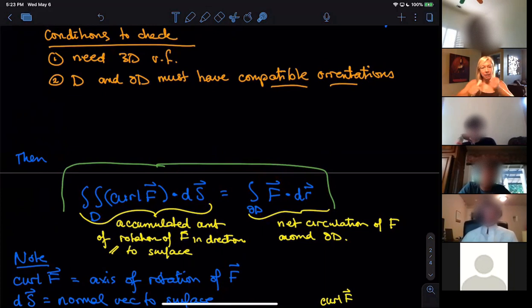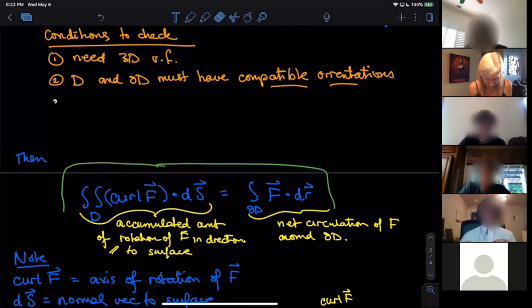But if the orientations are incompatible, it's like we've got an orientation-reversing situation. So these will be related, but not exactly the same. We just have to put a negative sign in. Does that make sense? It's not compatible. We'll do lots of examples of that, but that's just what I mean by compatible. It's still going to be close, but you'll be off by a negative sign if they don't match up. So we'll have to talk about what it means to have compatible orientations, but that's definitely a condition.